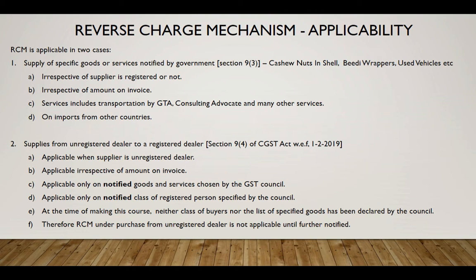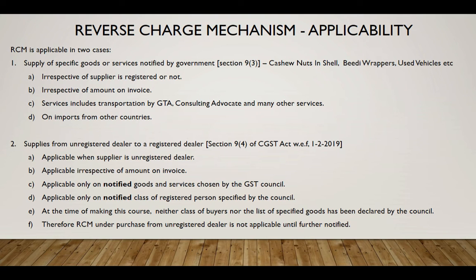Now let's talk about subsection 4 of section 9 of the CGST Act and its cases for reverse charge mechanism. According to this section, reverse charge mechanism is applicable when you buy goods from an unregistered dealer, and the goods that you purchase are notified by the government that on these goods reverse charge mechanism would apply.